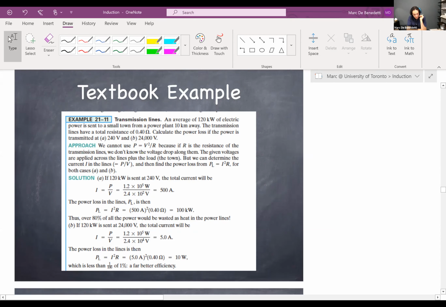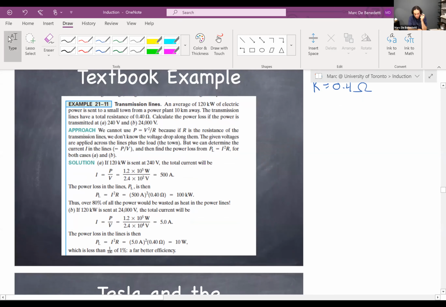The transmission lines have a total resistance of something very small, okay? So the resistance is 0.4 ohms. Calculate the power loss if the power is transmitted at 240 volts versus 24,000 volts.